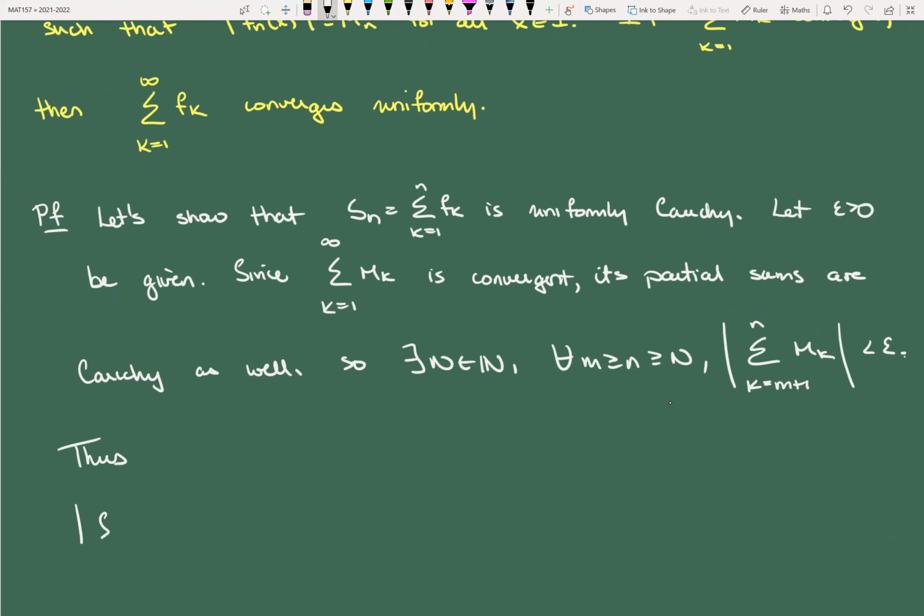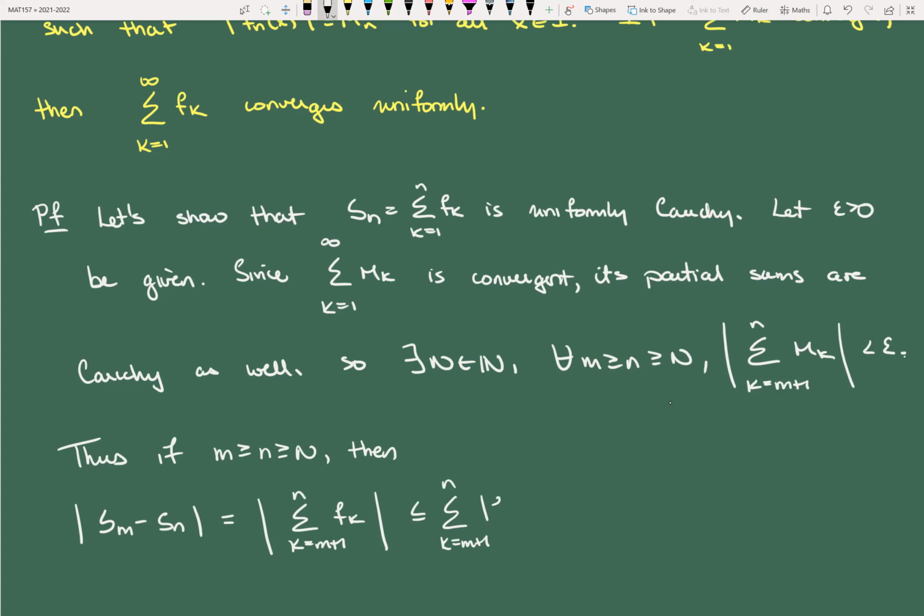Right, so thus S_m, if m greater than or equal to n greater than or equal to N, well, less than or equal to.